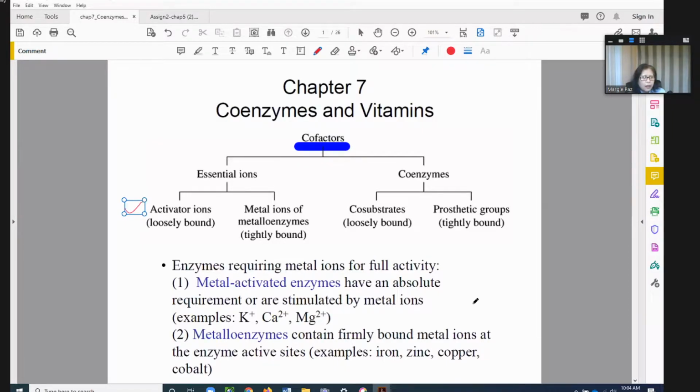These metal ions include potassium, calcium, and or magnesium. More firmly bound metal ions in metalloenzymes include primarily iron and zinc, with copper and cobalt being encountered less often.